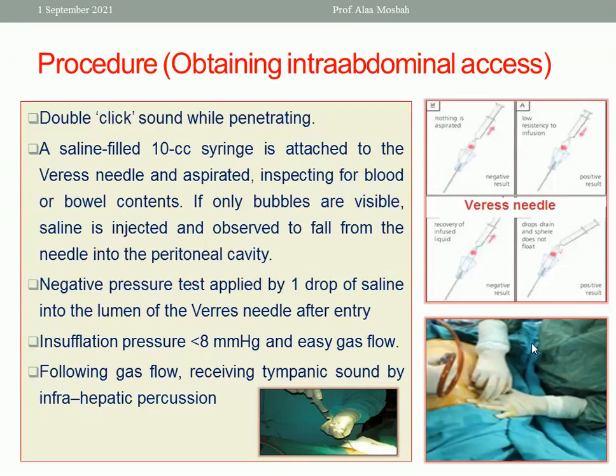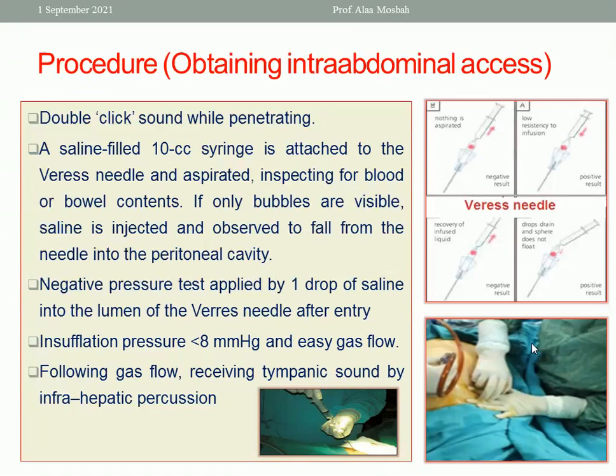If nothing is aspirated, then you can inject the saline, which will pass through the peritoneal cavity easily. Okay, this is one test to detect whether you are inside the peritoneal cavity or not.